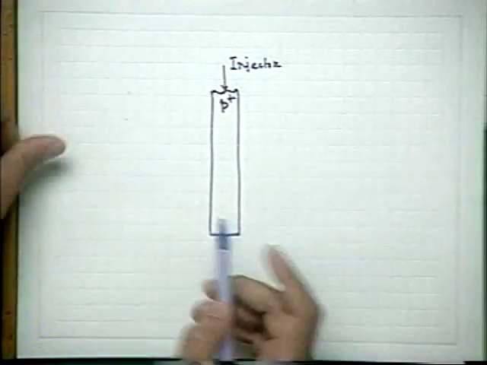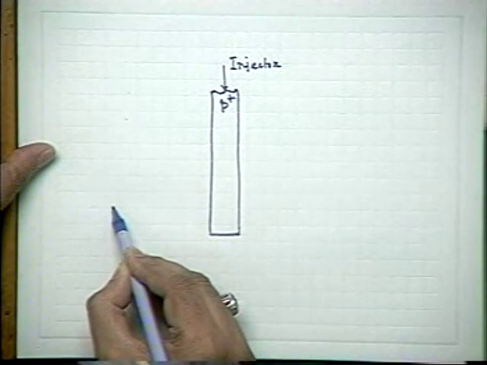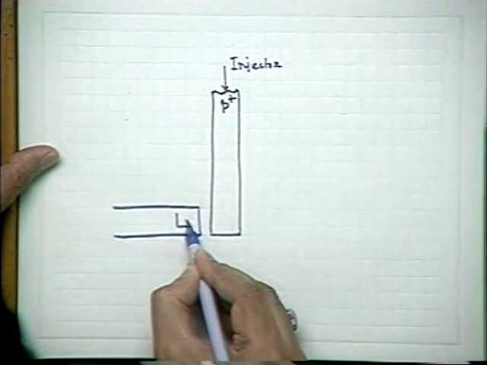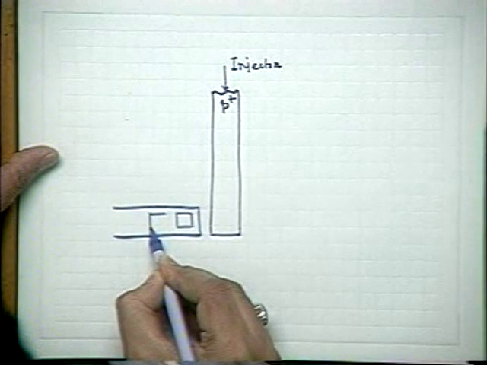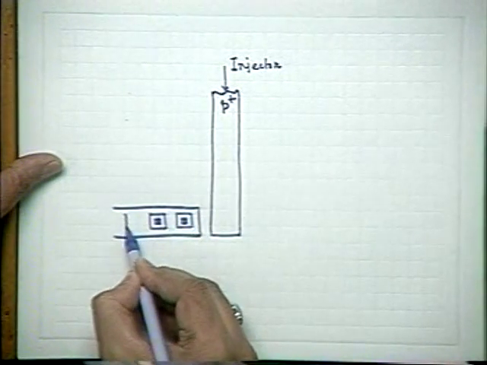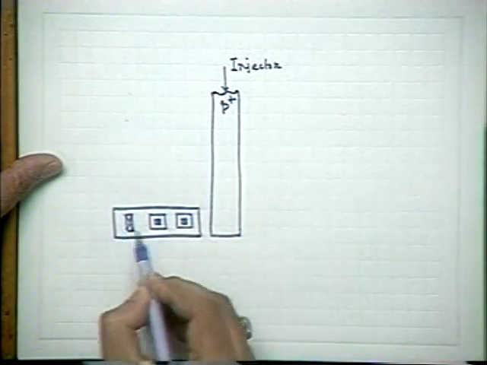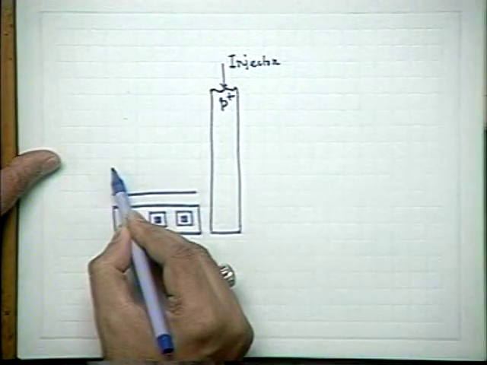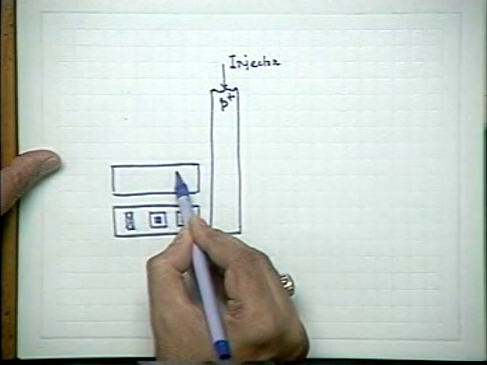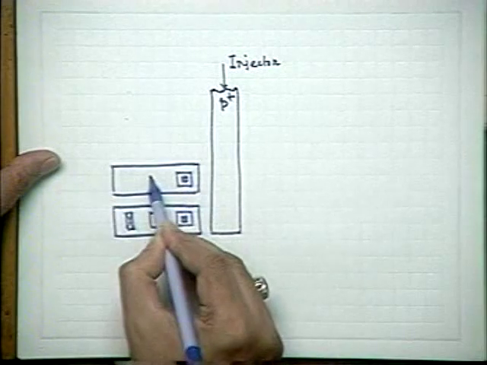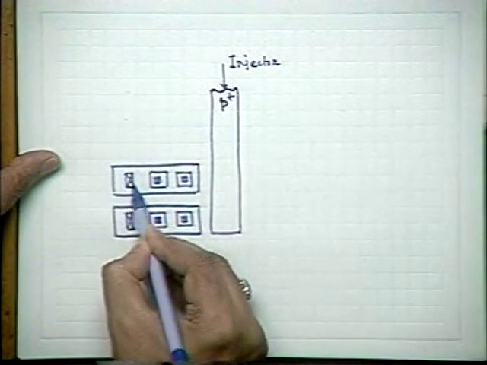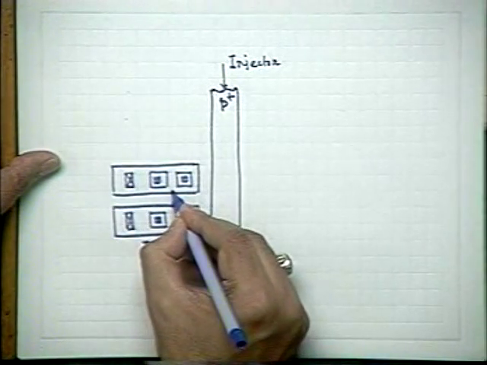Okay, so what I'll be doing, I'll first put this transistor here, with 2 collectors. This is my T1 and this is my T2.